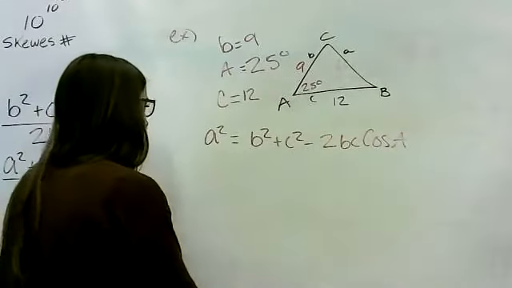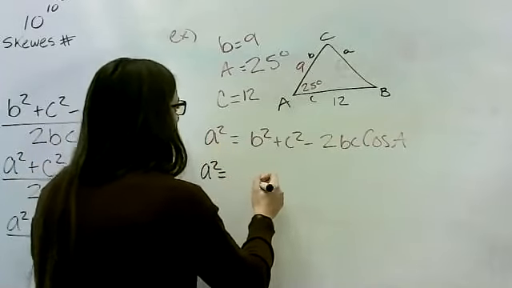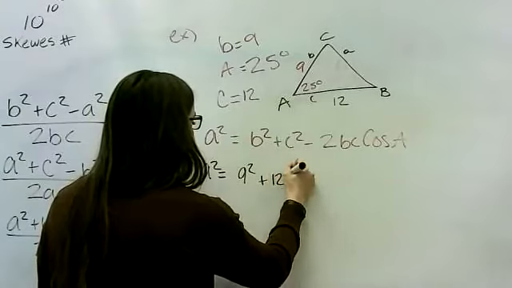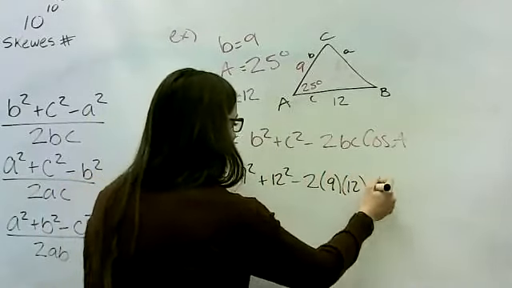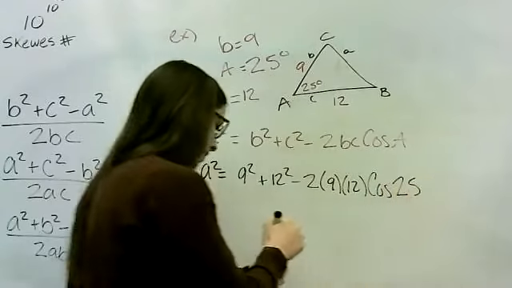So if we plug and chug a little bit of this, I get a squared equals 9 squared plus 12 squared minus 2 times 9 times 12 times cosine 25.